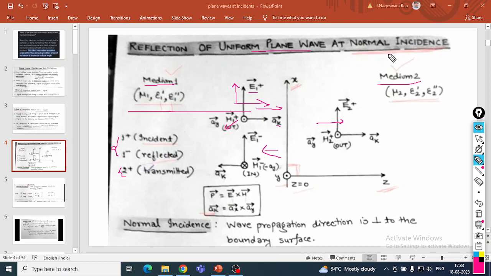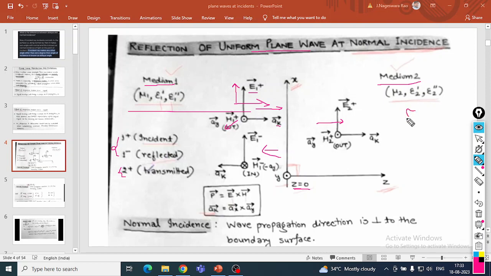At normal incidence, as I already told, z equals 0. The plane wave propagating along the z direction is incident normally on the boundary z equals 0 between medium 1, characterized by these characteristics, and medium 2, characterized by these characteristics.